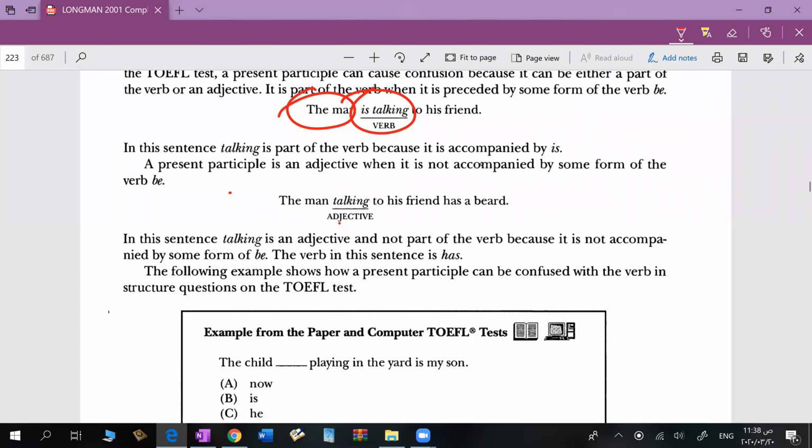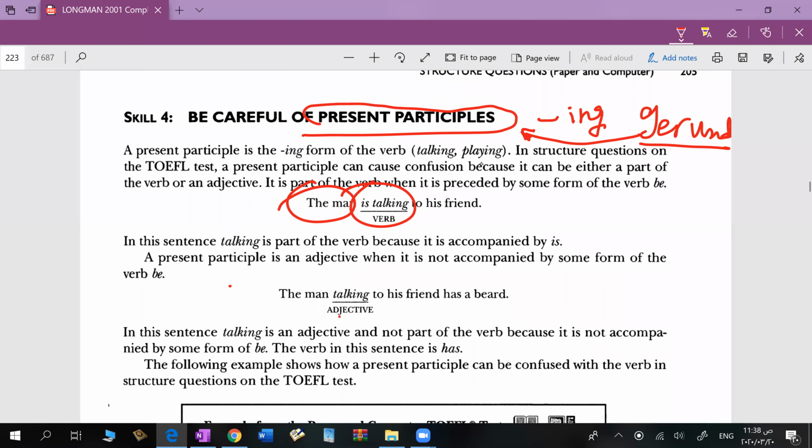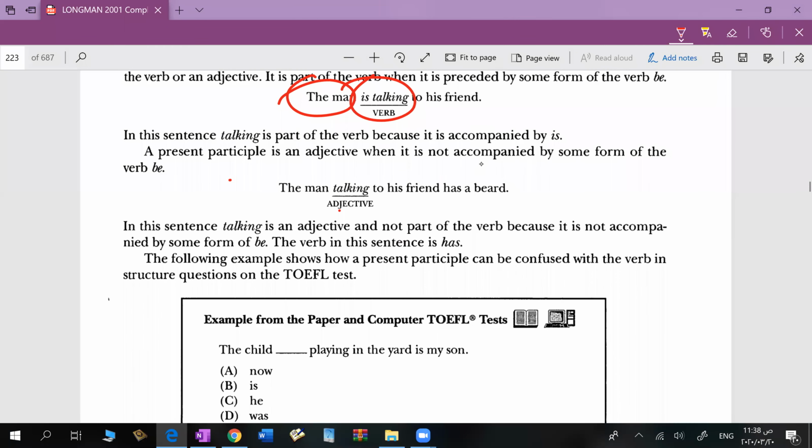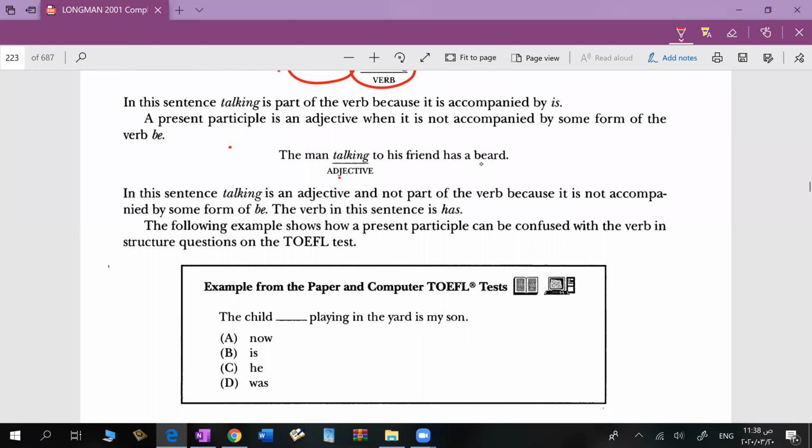The verb with ing, okay? It's the gerund, okay? And it functions as an adjective. So in this sentence, for example, the man talking to his friend has a beard, this is the gerund, or the present participle.